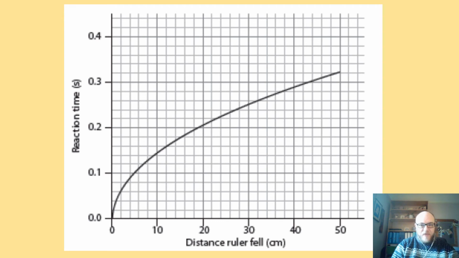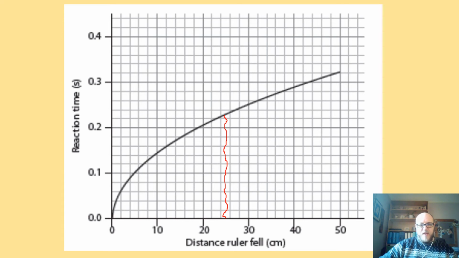Okay, so let's say, for example, your partner dropped the ruler and it fell 25 centimeters. Now I'm going to try and draw a straight line here just by using the mouse, so this might go quite wrong. We're going to draw, whoa, my straight line skills are poor, but there we go. We've drawn a line with a ruler, obviously, and this is why you need to use a ruler, folks. 25 centimeters, and we found the point on the line that crosses up here.